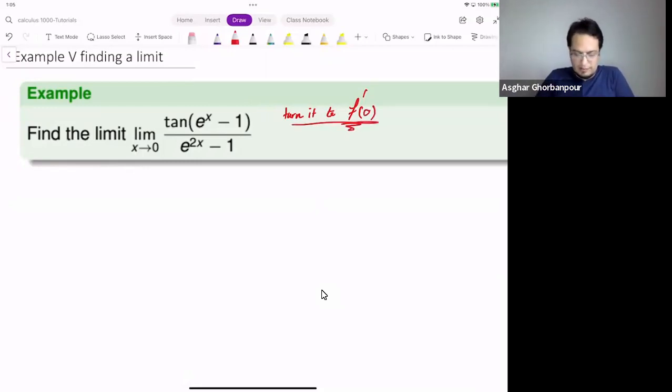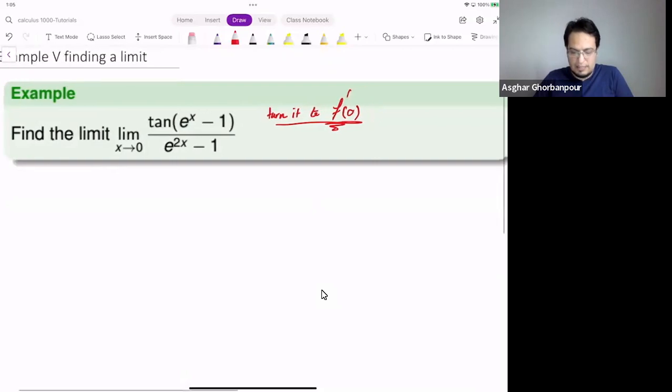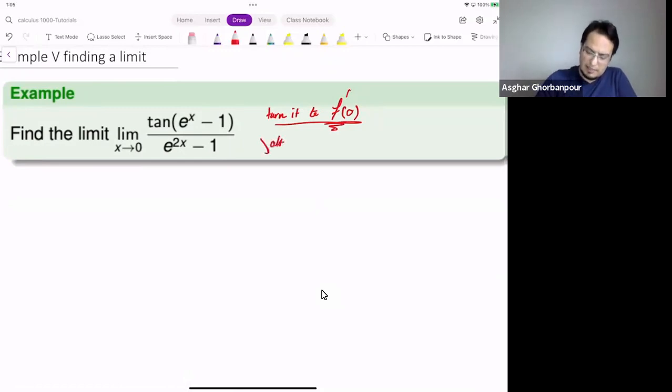You can do it yourself, just go ahead and try to compute that one. You can take a screenshot of this, and alternatively you can use the fact that sine of e to the power x minus 1 over e to the power x minus 1, as x goes to 0, is 1.